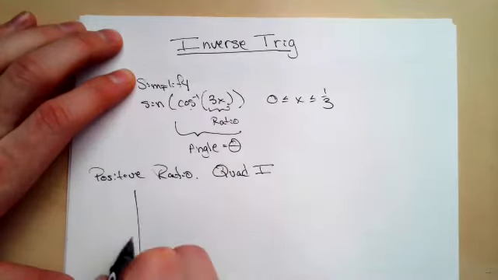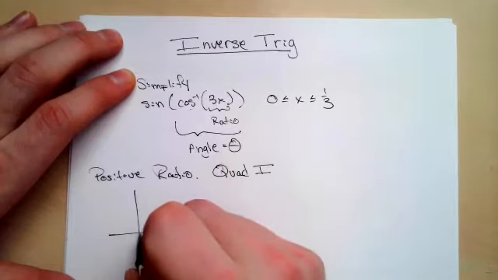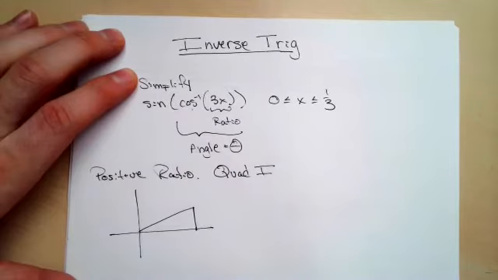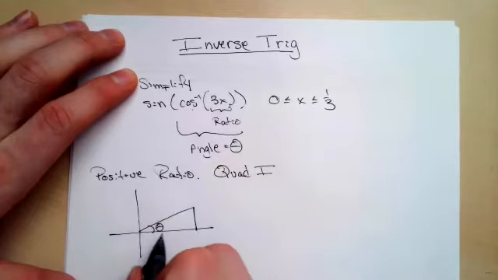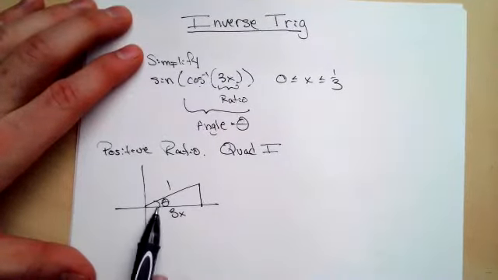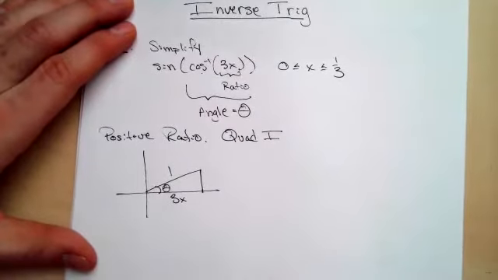So we can draw our triangle in quadrant 1, and we need this angle to have a cosine ratio of 3x. So we fill in our sides, 3x over 1, adjacent over the hypotenuse is our cosine ratio.